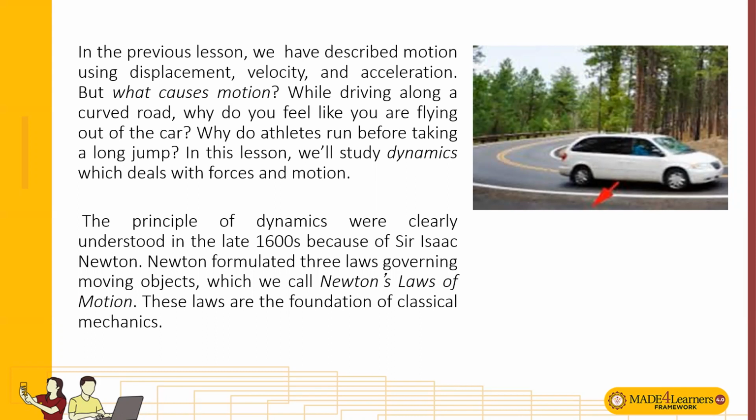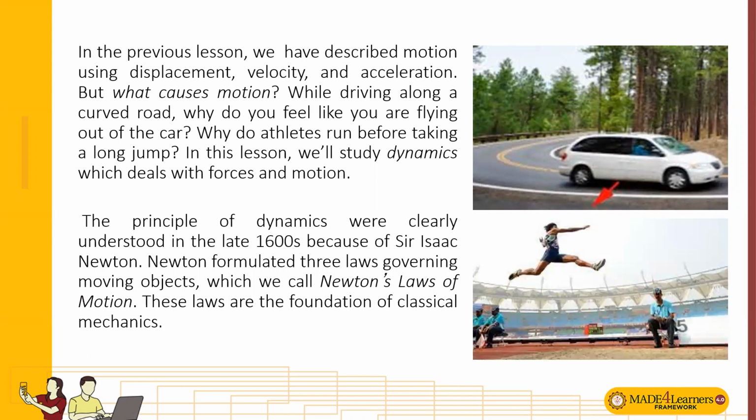And also the motion of people, jumping, walking, running. What causes this motion? We're going to discover the real-life application of these causes of motion using Isaac Newton's laws of motion, which is the foundation of classical mechanics.